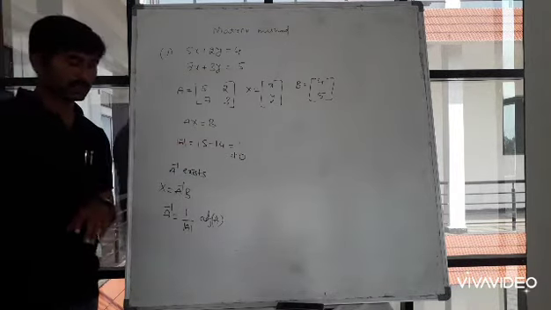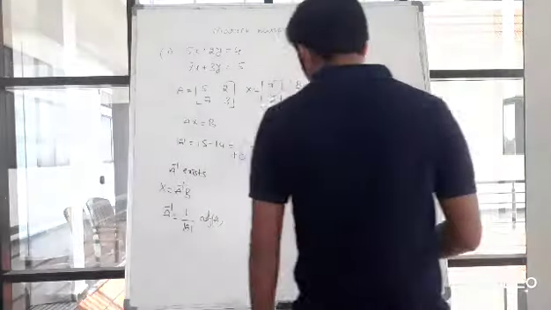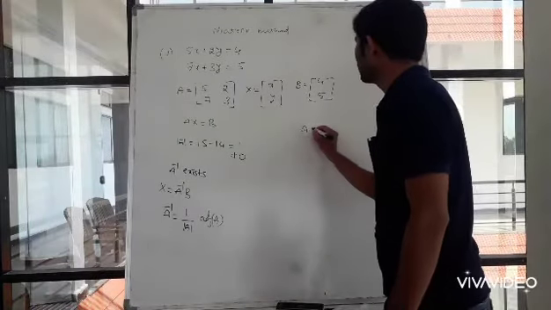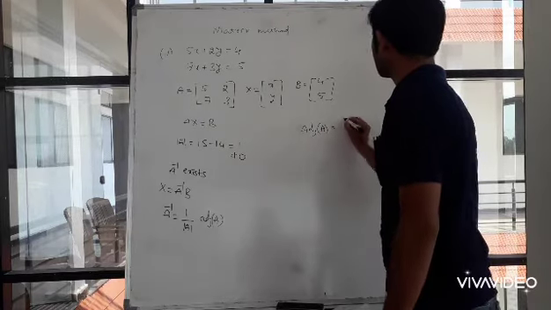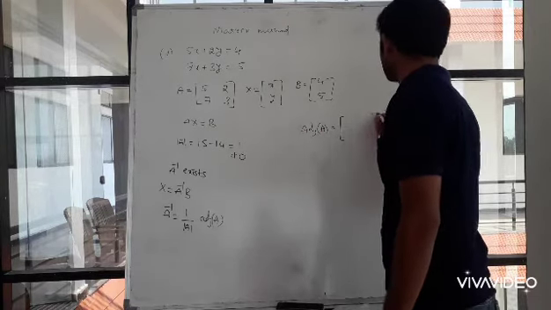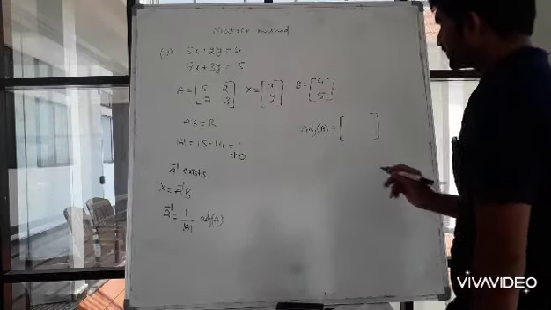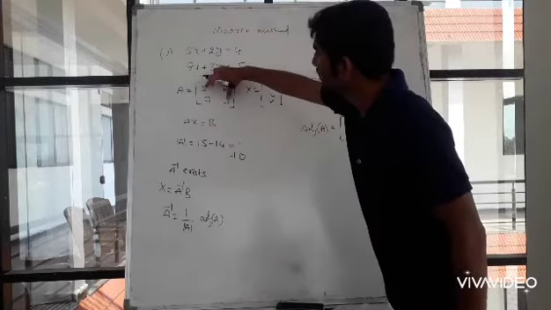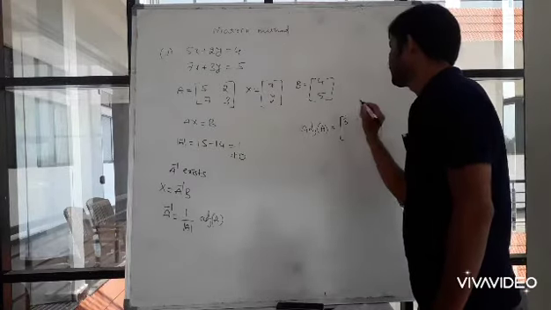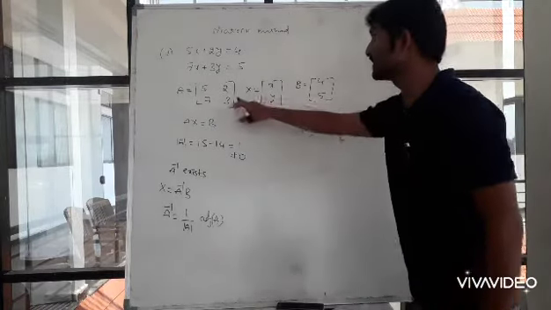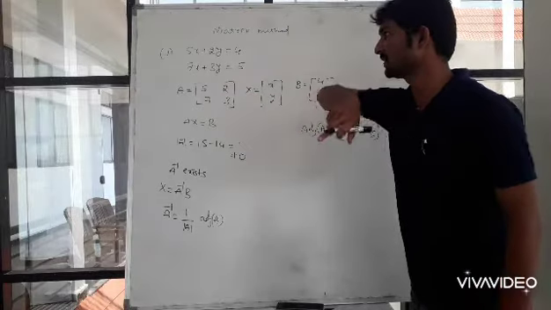Then the adjoint. It is a 2 cross 2 matrix, so directly we can write the adjoint of A. How to write that? For a 2 cross 2 matrix, just interchange the principal diagonal elements, 5 and 3.